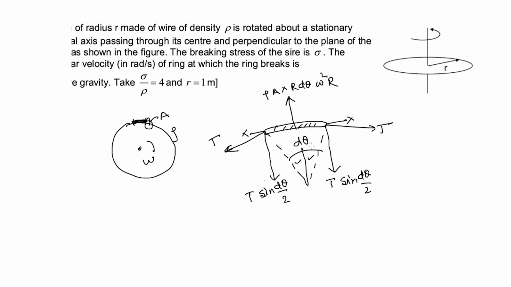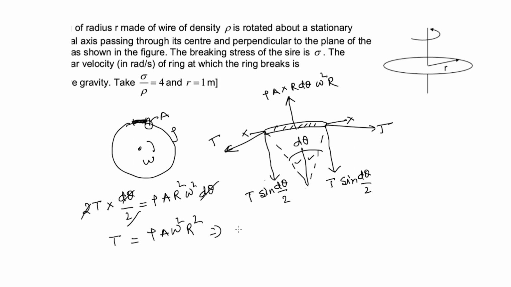So this force is balanced by this 2T sine d theta by 2. As d theta is very small, sine d theta by 2 is nothing but d theta by 2. So net vertical force is 2T d theta by 2. That is balanced by rho A r square omega square d theta. D theta gets cancelled out. I can find the value of tension is rho A omega square r square.